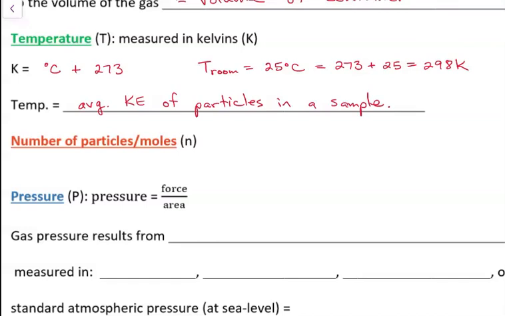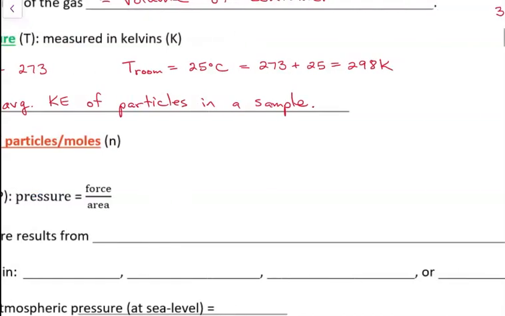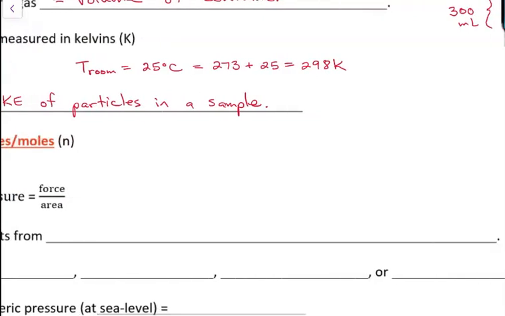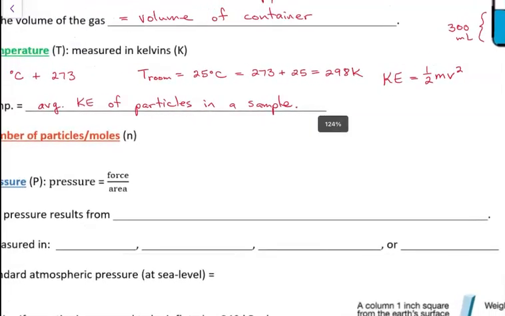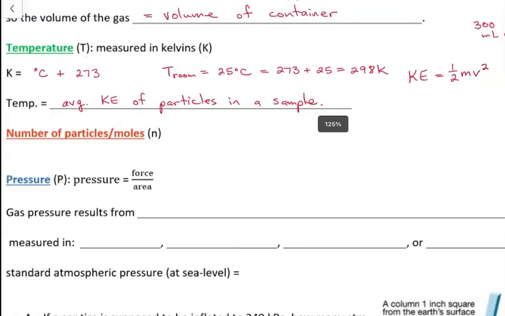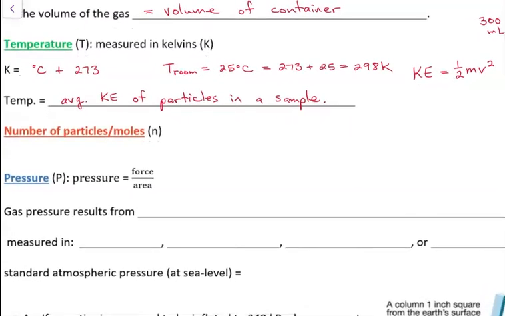Another thing that we want to note here is that kinetic energy is equal to 1/2 mass times velocity squared. So what does that mean? Well, if temperature is a measure of average kinetic energy, then it's not just how fast the particles are moving, it also has to do with their size.